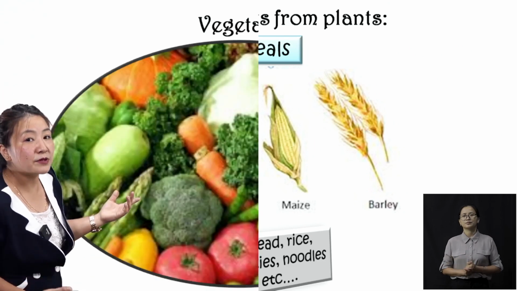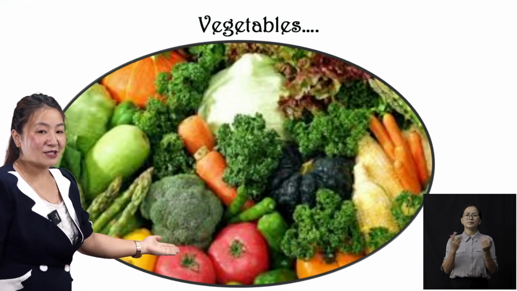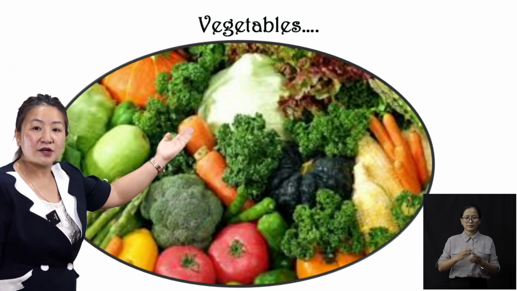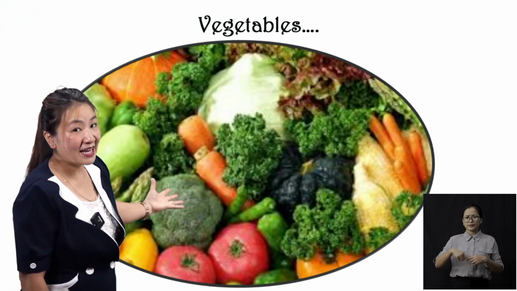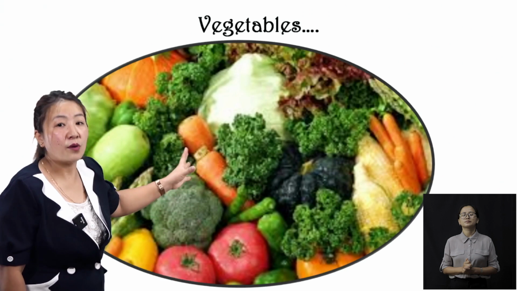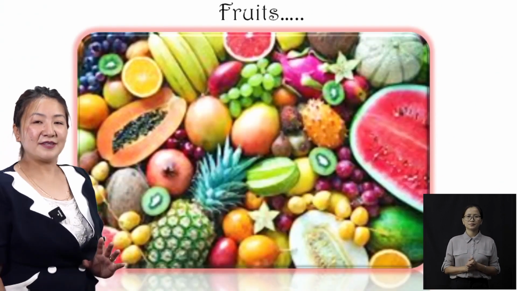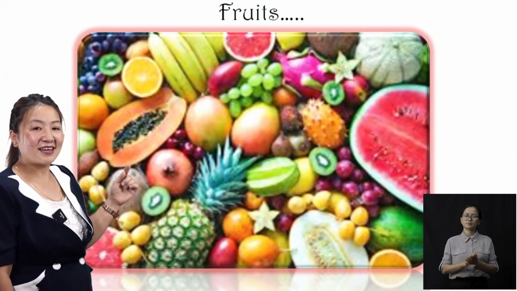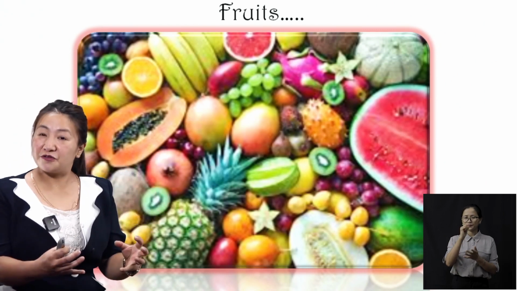Then the next product is, yes, what are these? You can see the tomatoes, broccoli, asparagus, the carrots, the cabbage, vegetables that we eat daily. They all came from plants. The next item that we get from trees or plants is, yes, colorful, juicy, yummy, vitamin rich fruit.